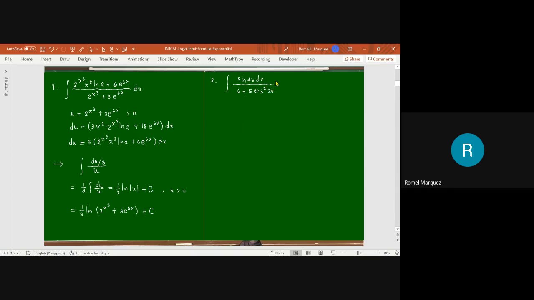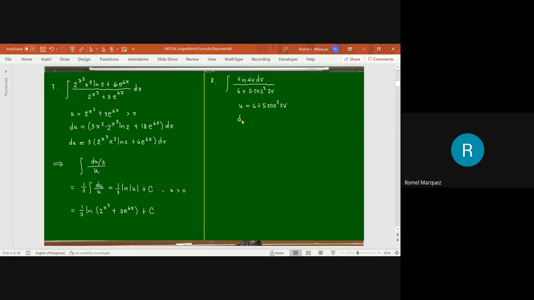What about this, guys? What is the u here? What do you think is my u? 6 plus 5 cosine squared 2v.